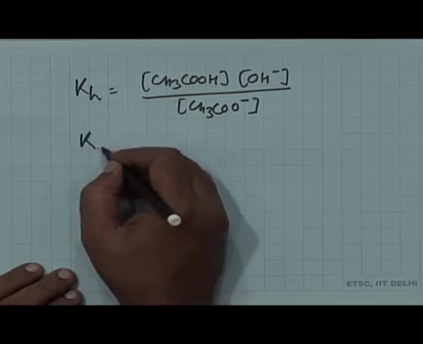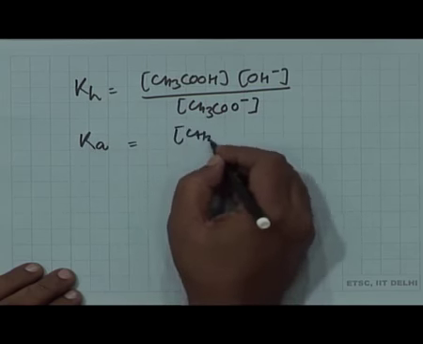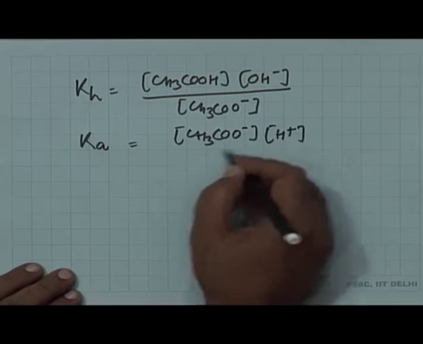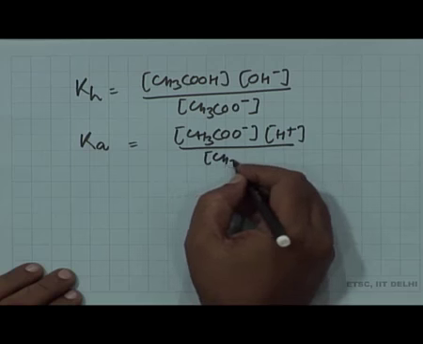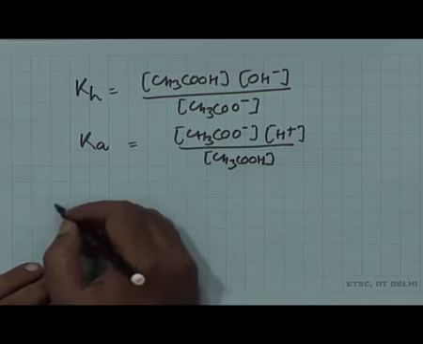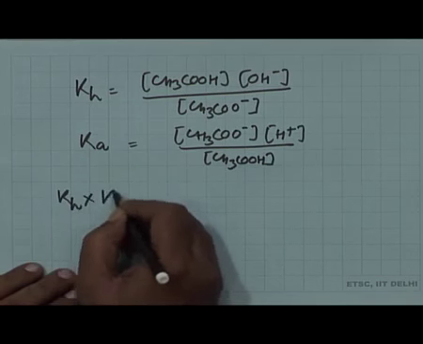And we also know the acid dissociation constant of acetic acid, Ka, is CH3COO minus into H plus by CH3COOH. Now, let us multiply Kh into Ka.